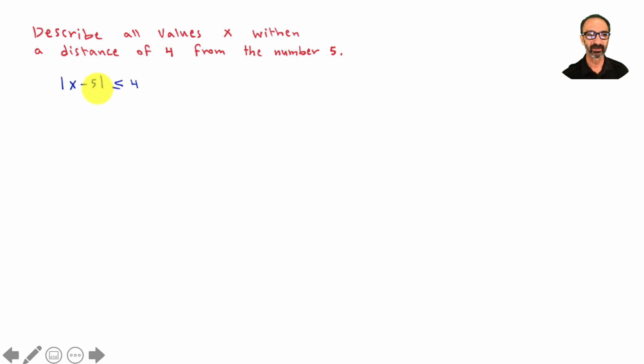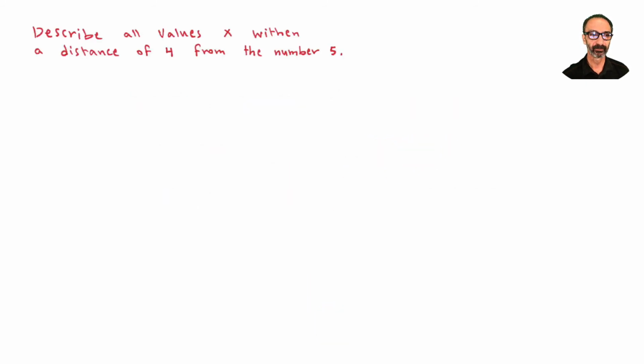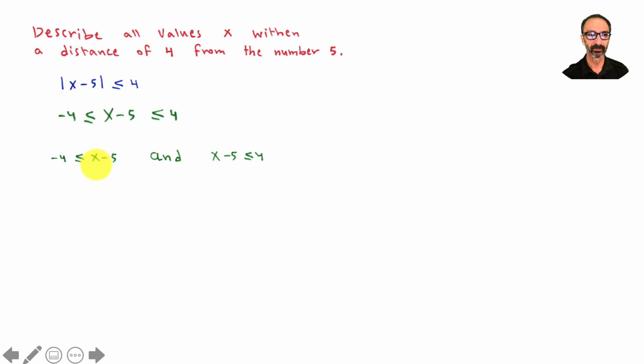To write this as we have earlier, we're going to have it as a compound inequality, and that's what we mean. X minus 5 will be less than or equal to 4, greater than or equal to minus 4. We're going to add 5 to all sides, or break it down to 2 inequalities.